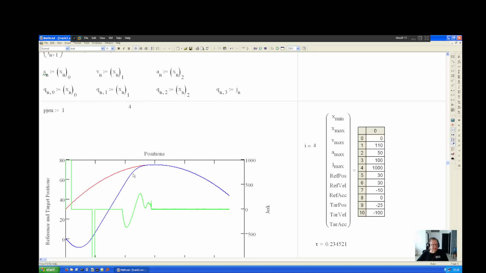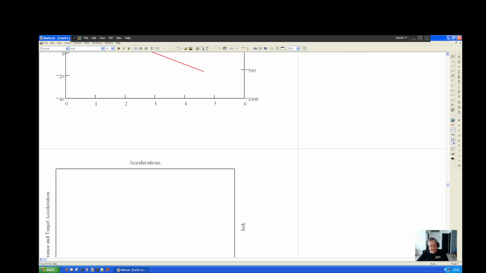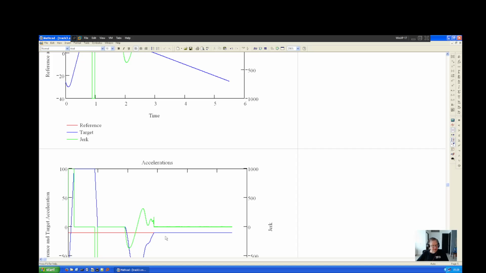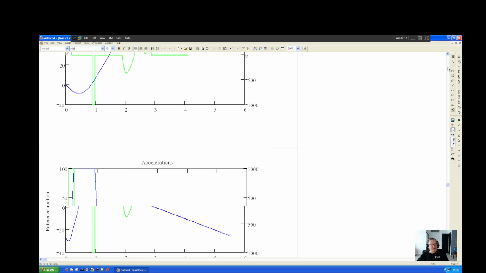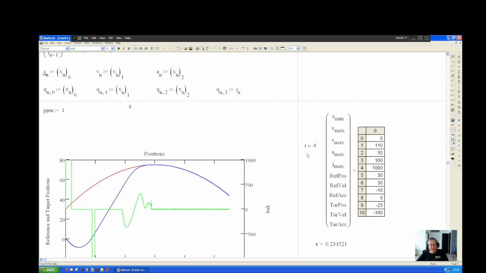And you can see that it does a pretty good job of getting into position. And I think it will even get into position a little bit faster than the 3 real time constants. Let's look at this. Velocity does well, and the acceleration does well. But you can see I'm limited here by the maximum velocity and acceleration. So let's try a different one here. Let's try this original.